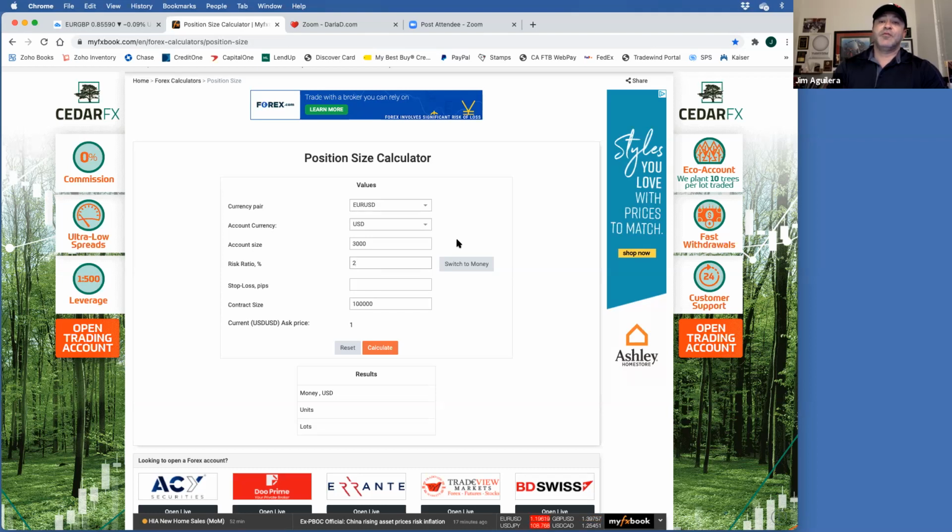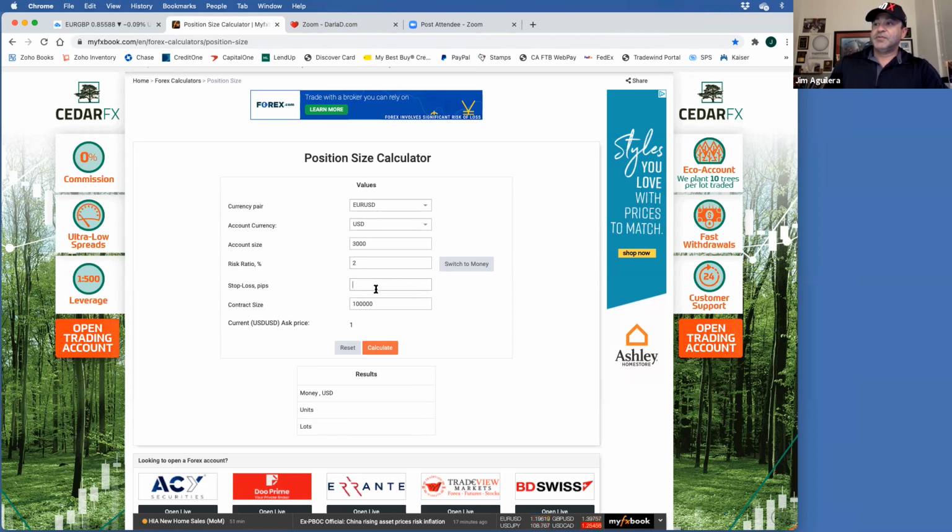I've seen anywhere from 1 to 5. I've never really seen anybody talk about more than 5. 2 to 3 is very common. I've learned most of my Forex stuff from the Delorean educators, and they're very firm on using 2%. But of course, you can change this anywhere between 1 and 5. But I would definitely never do more than 5 on any trade.